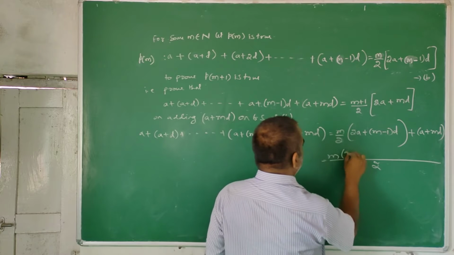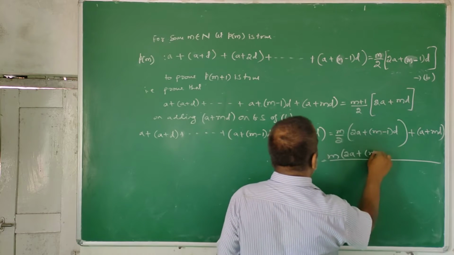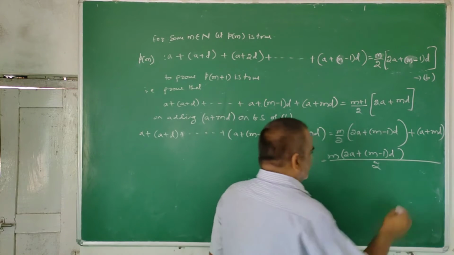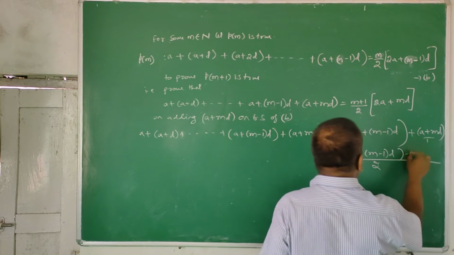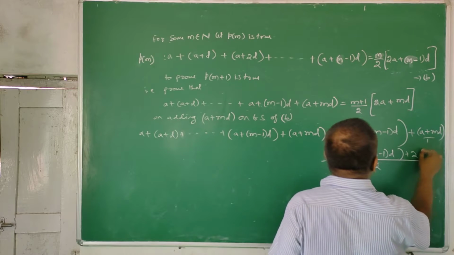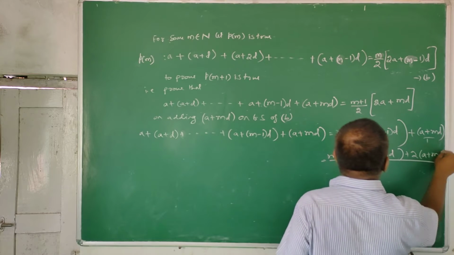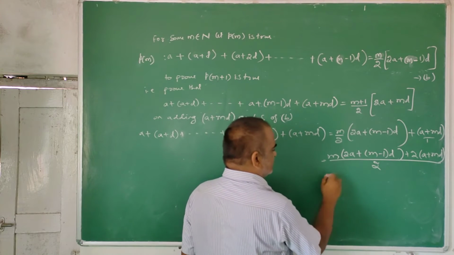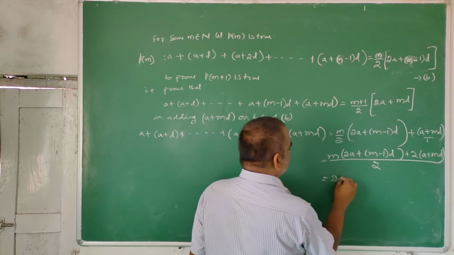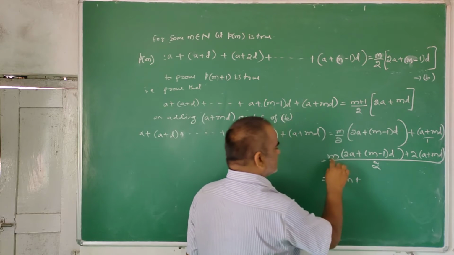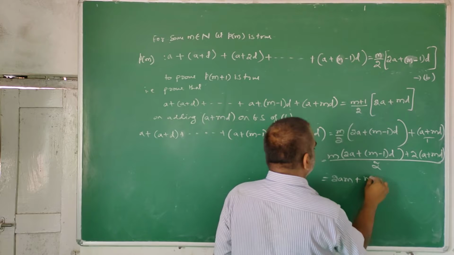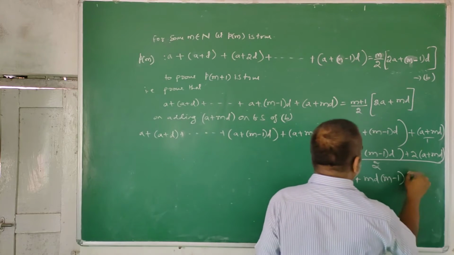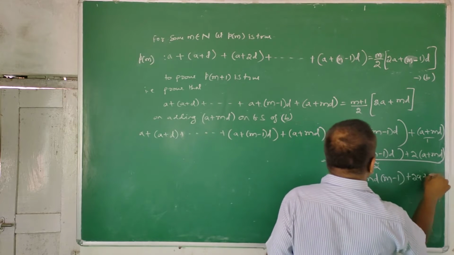So m into (2a plus (m minus 1) into d), plus 2 into (a plus md). Now you multiply: 2am, md into (m minus 1), plus 2a plus 2md.